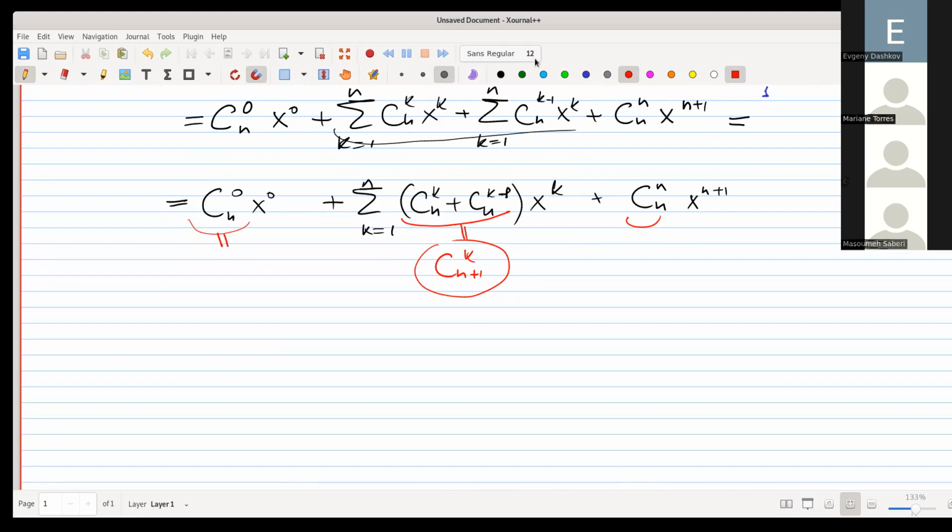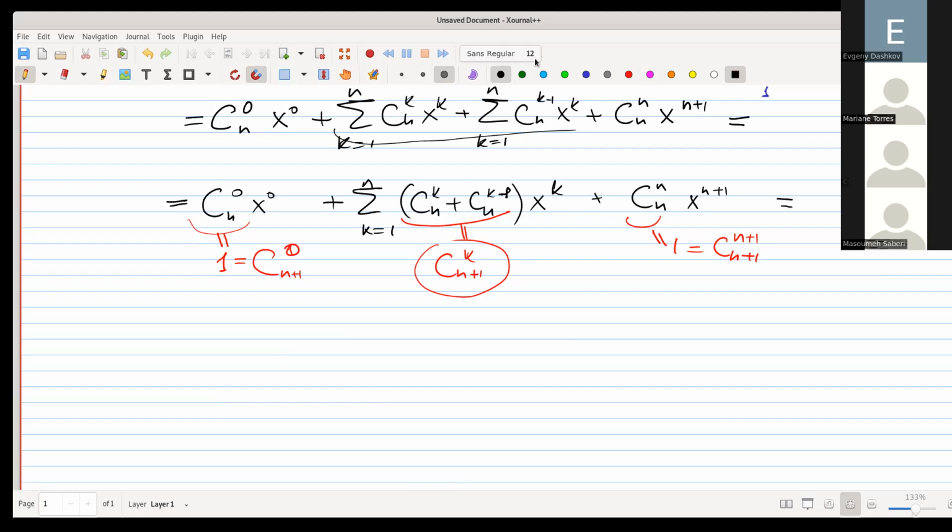Just by n plus 1 choose 0, it will be 1. Of course, this is 1, and it will still be 1 if we replace n with n plus 1. And the same holds for n plus 1.